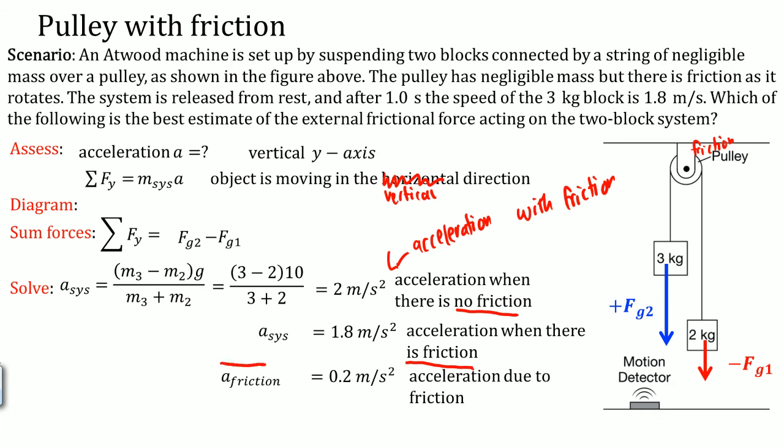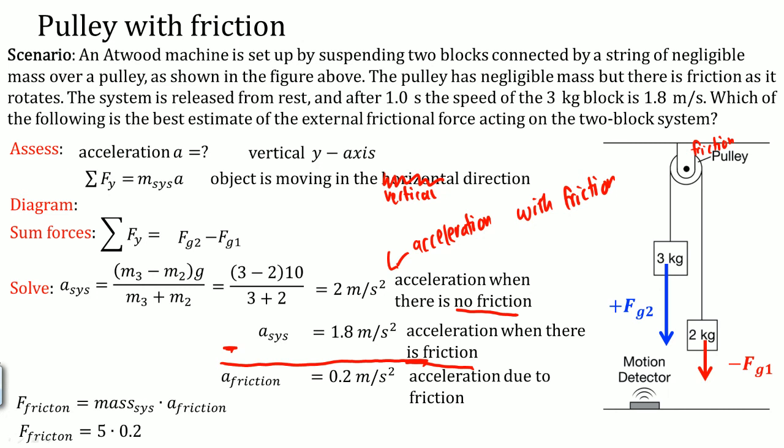So just think about this as a subtraction problem. This is your real amount without friction, and this is with friction. So the difference here is going to be the acceleration due to friction. Once you have the acceleration due to friction, you can plug it into the force formula to find the force.